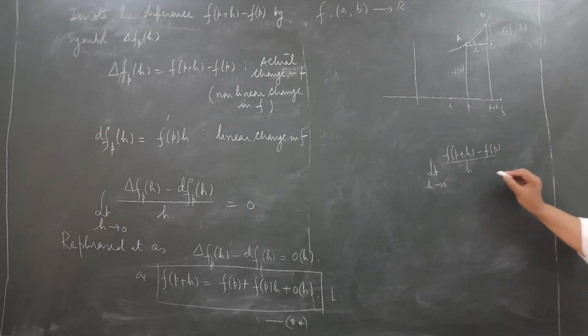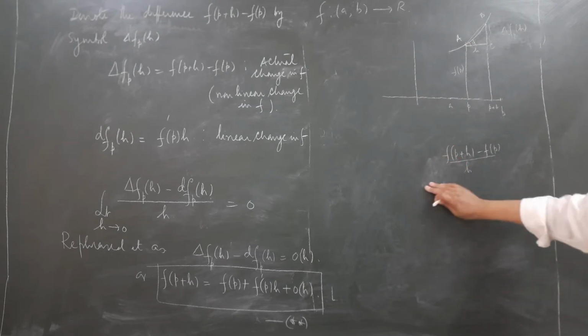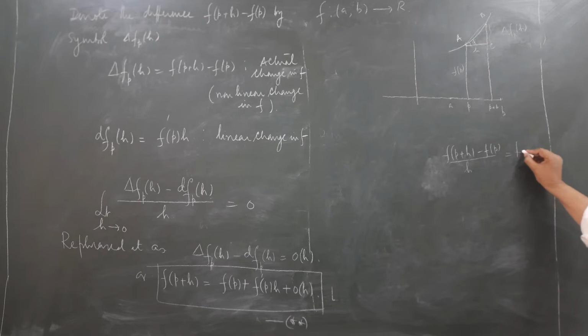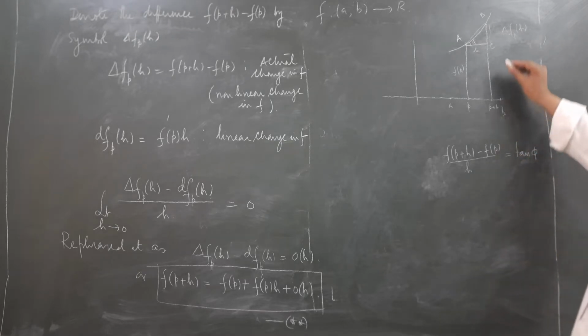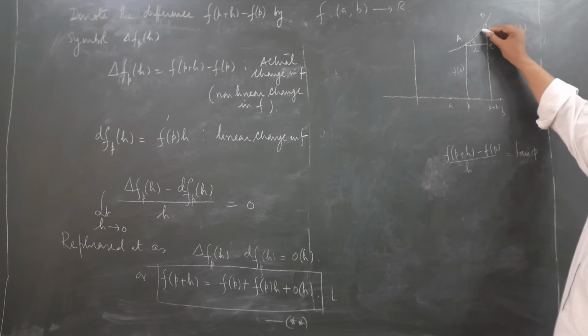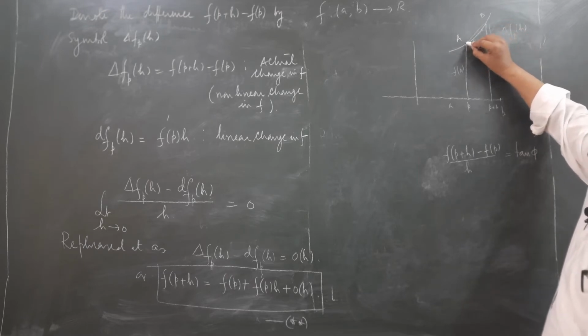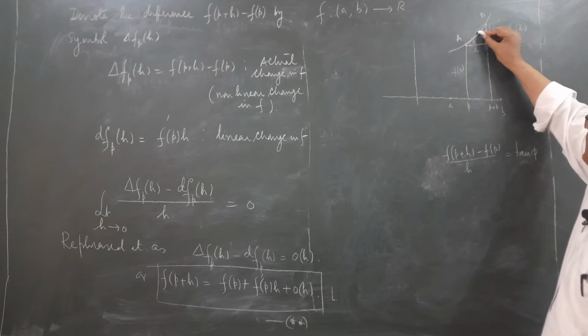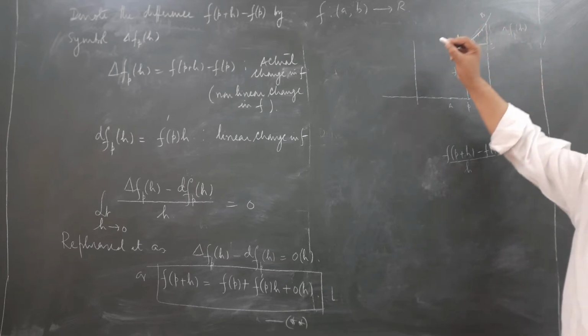So this f of p plus h minus f of p upon h is in fact tan phi. Now in the limiting case, B will tend towards A. So in the next stage, if I take h a little smaller, the chord will become this much. Next time it will be further smaller and so on.